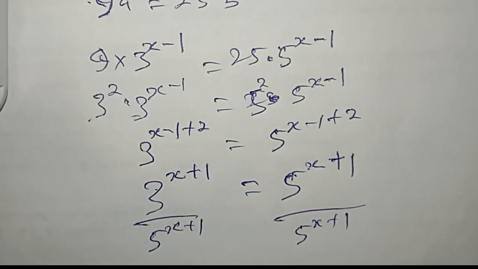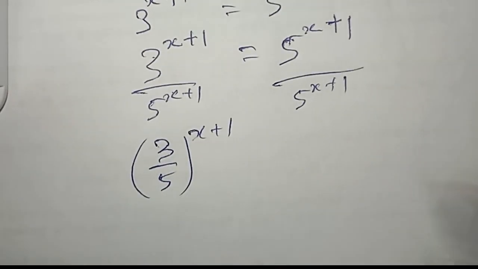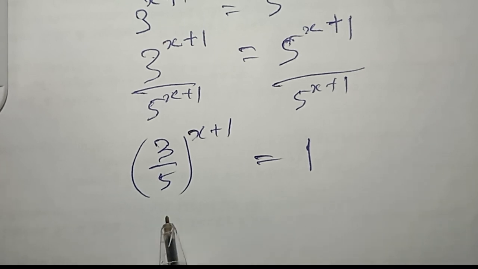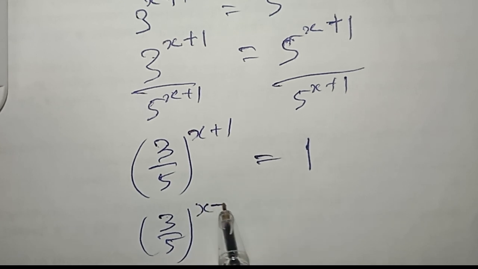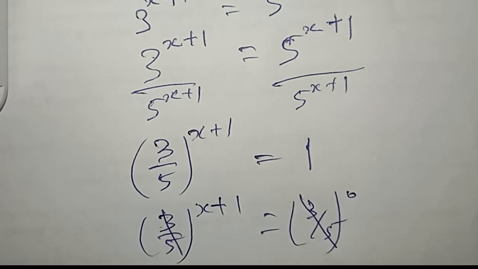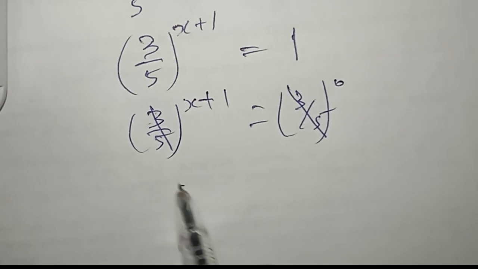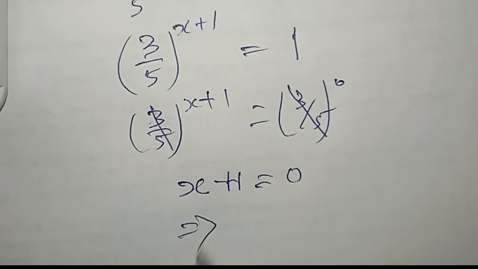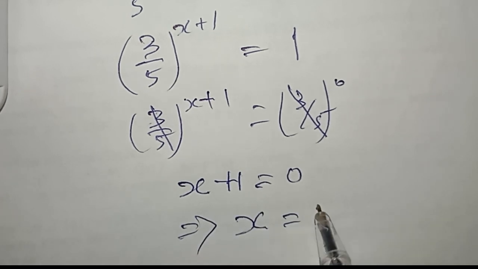So I now have 3 divided by 5 raised to power x plus 1, and of course is equal to 1, so that when I now write 1 in power of 3 over 5, I'm going to be having 3 over 5 power x plus 1 is equal to 3 over 5 power 0. So this cancels this, and then my x plus 1 now becomes equal to 0. So obviously you can see x is equal to minus 1.